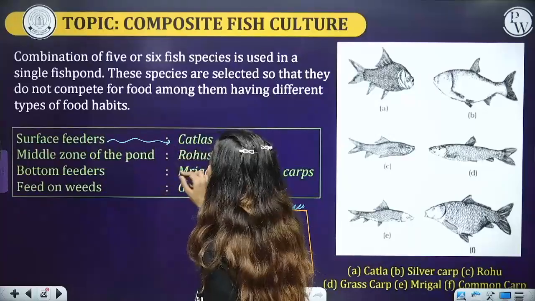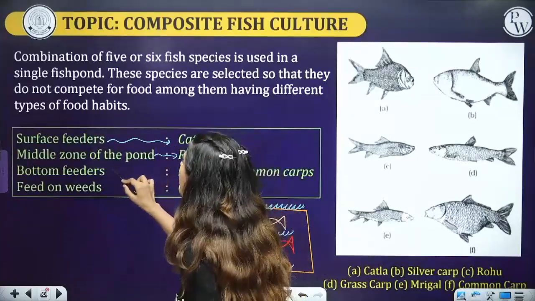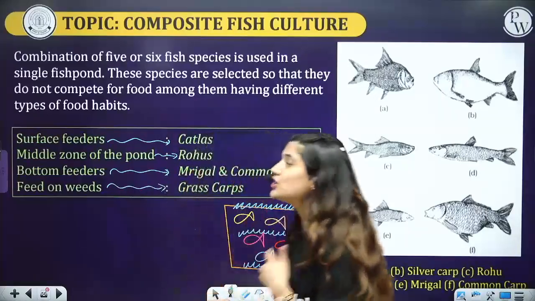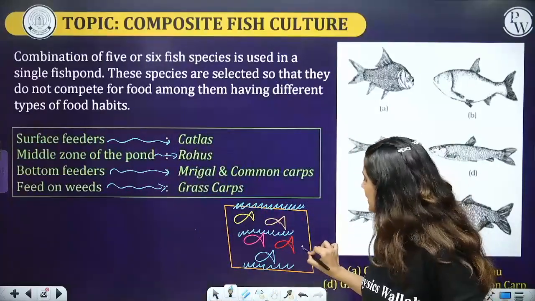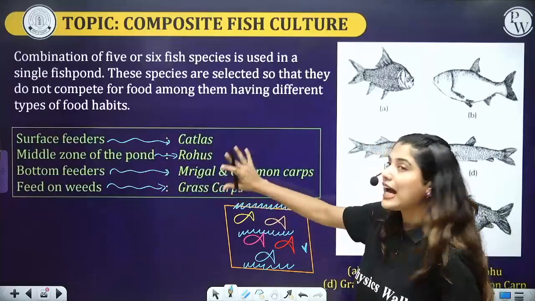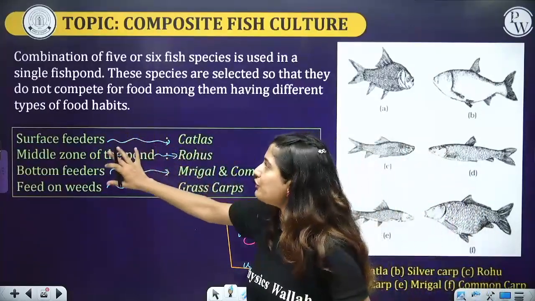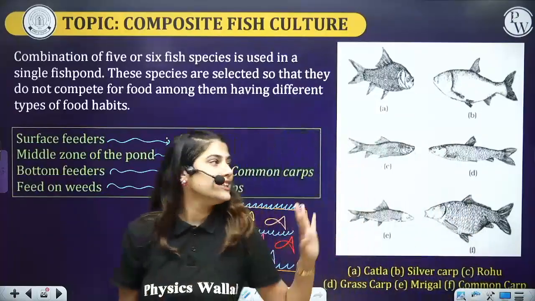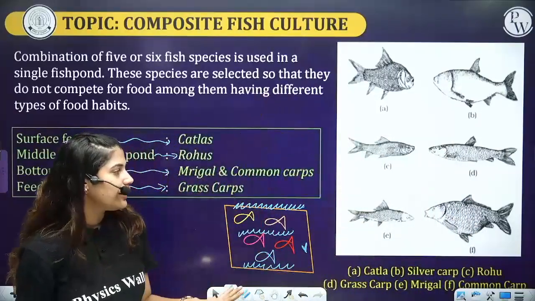Then we have the rohu, which is a middle zone feeder. Bottom feeders are mrigal and common carp, and the one which feeds on the weeds, the unwanted plants, is the grass carp. So different types of fishes have different food habits. There is no competition for the food, right? These are the different species mentioned here.